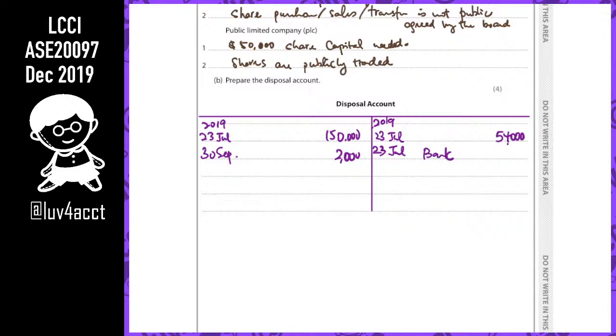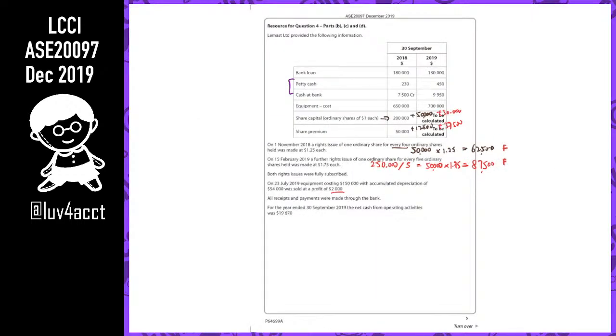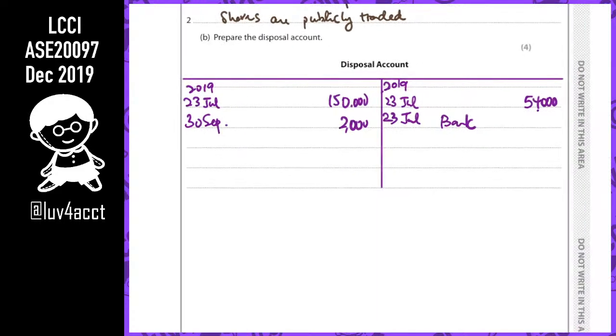Let me write down all the things first. Equipment, cost. Here it is equipment, allowance for depreciation.